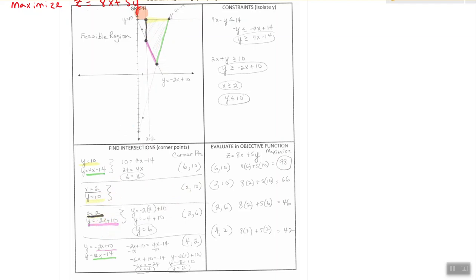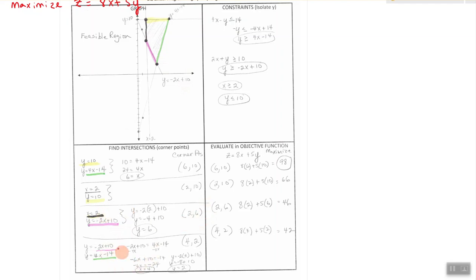The purple is the -2x plus 10. Now on this one, I had to substitute x is 2 into the y equals equation. So I had y equals -2 times 2 plus 10. Solved that down and got y equals 6. There's my third point. X is 2, y is 6.